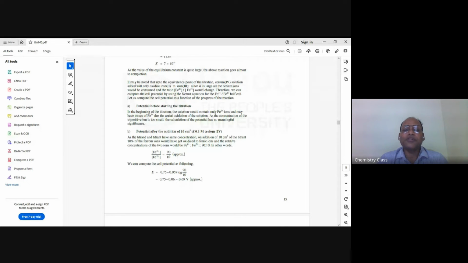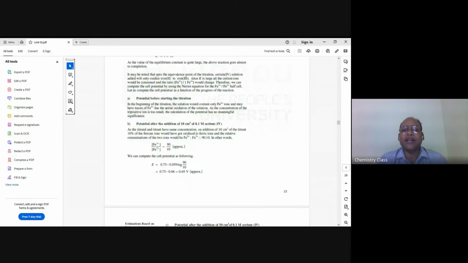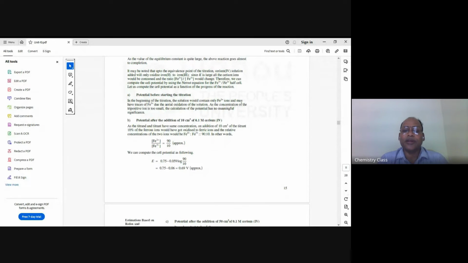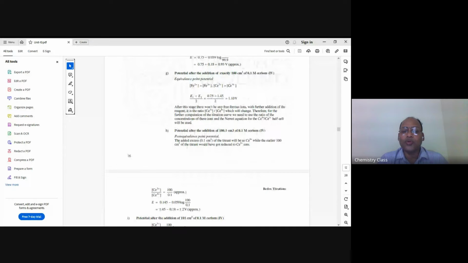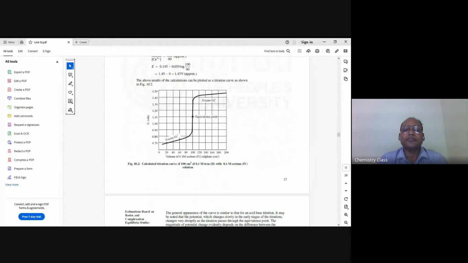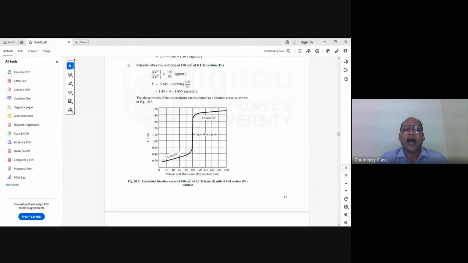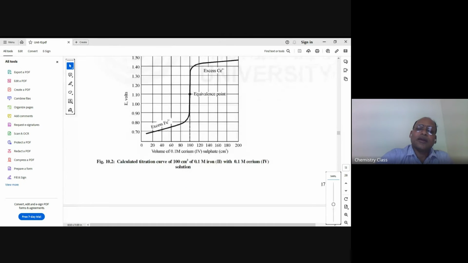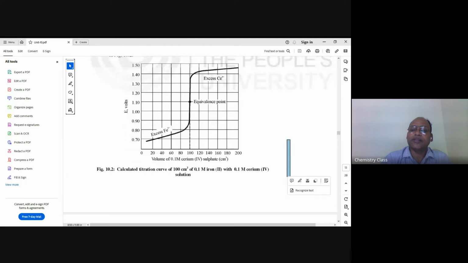Suppose you have the potential before starting the titration; that's not the issue. Let's go directly to the curve. See, the above results of the calculation can be plotted as a titration curve as shown. I have enlarged my screen.